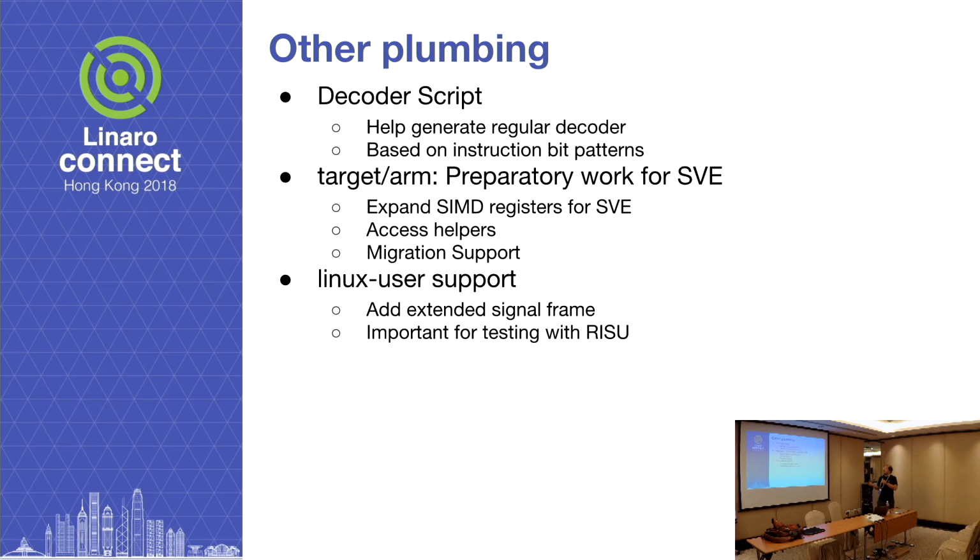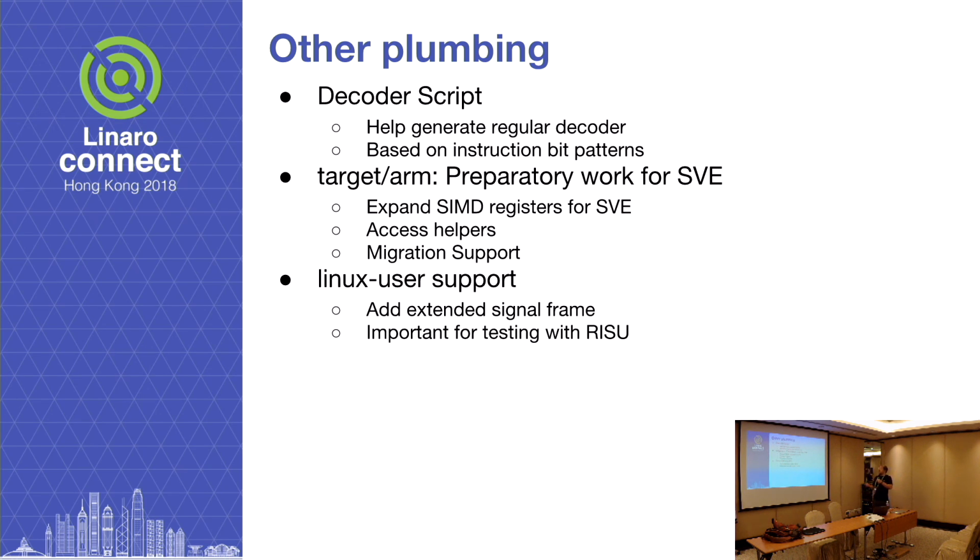So we've now got a decoder script that has its own little register description, instruction description language that it can process. The decoder script parses a file that describes your instruction set, that describes where the fields are, and it will generate all of the boilerplate that you need to extract all the values you need for the code generation. It doesn't do the code generation bit itself, but it does all the boilerplate that's easy to get wrong. So that's already merged into the upstream project. You'll see it in the scripts decode tree, I think.